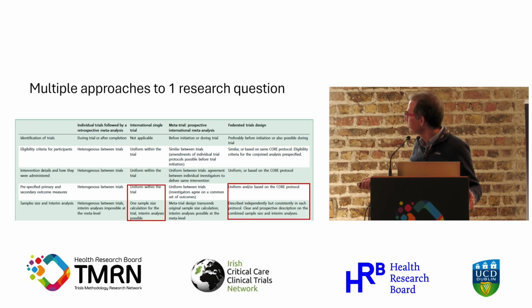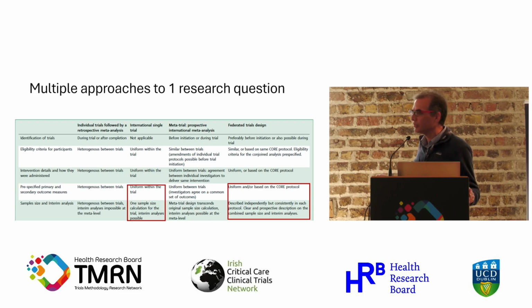Similarly, for primary and secondary outcomes, in an international single trial or international single platform, they have to be totally uniform, and there's one sample size calculation for the trial. But for the federated design, as long as there's some overlap between the outcomes, it doesn't really matter what you call them. One outcome could be primary in one trial and secondary in the other, as long as the outcomes were collected in all trials, you could analyze them together.